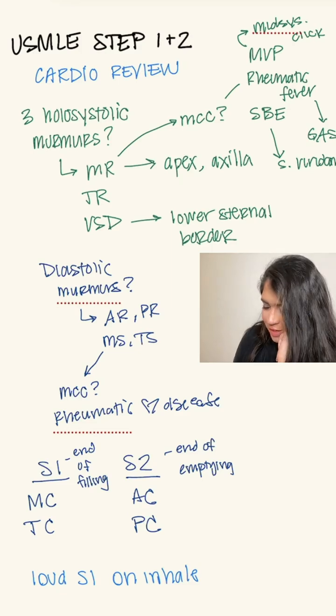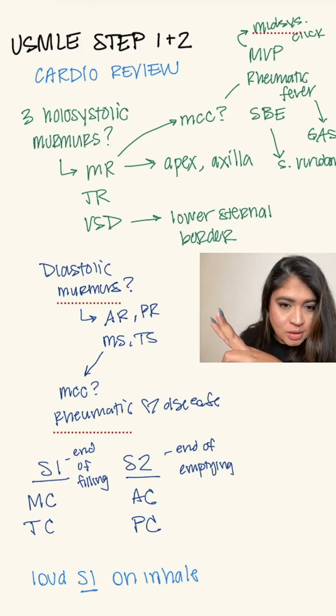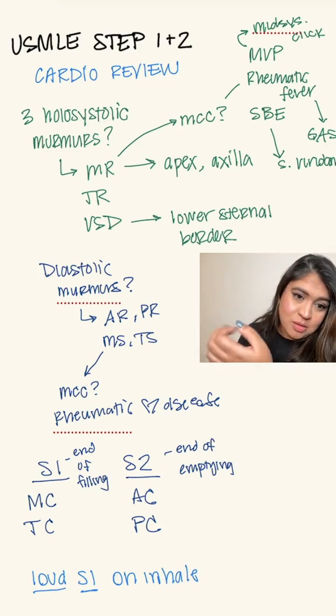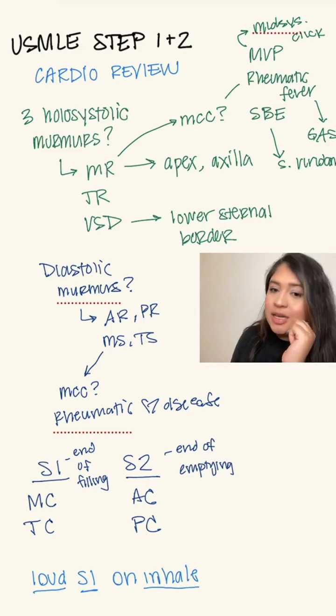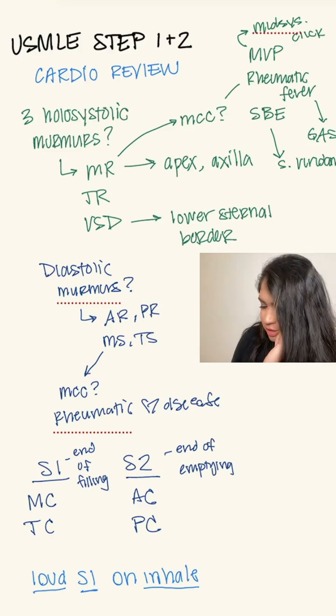Okay, so S1, I know it's mitral or tricuspid only. It's loud. I would think it's probably stenosed, so either mitral stenosis or tricuspid stenosis. And then inhale is on the right side. So I narrow it down to tricuspid stenosis.